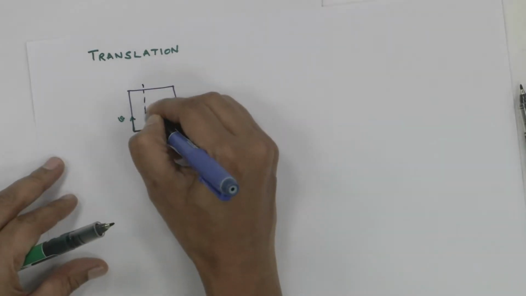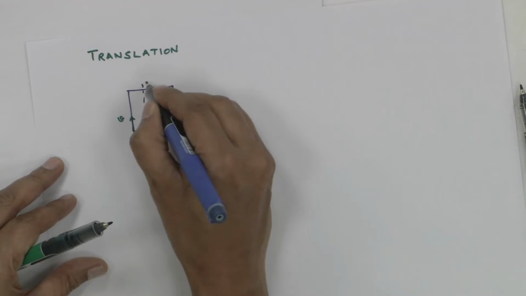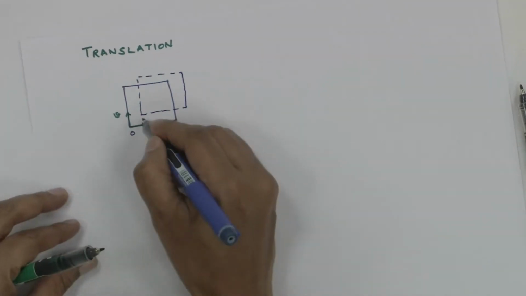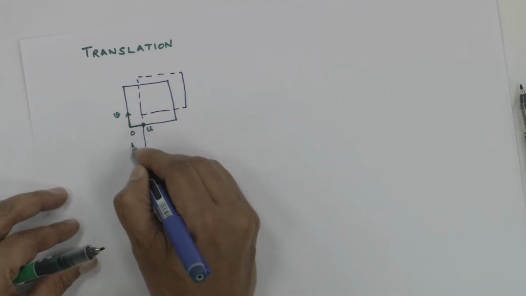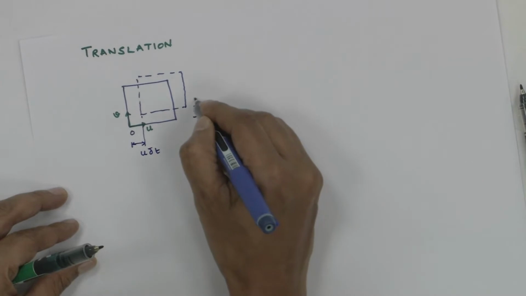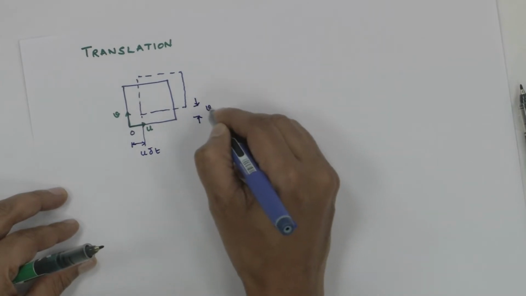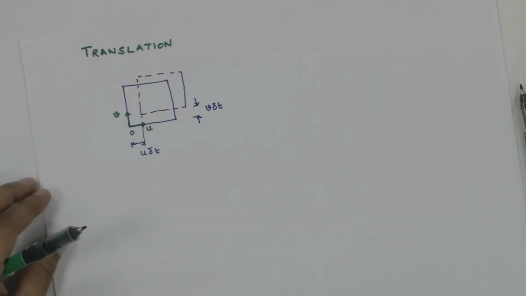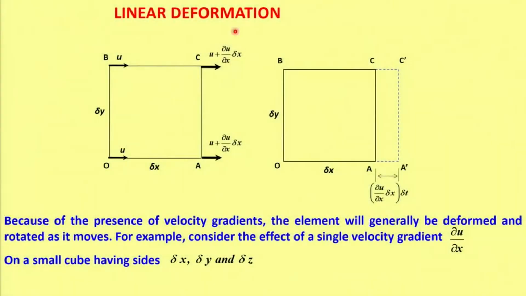Now it has moved to a new location after time delta t has elapsed. What is the distance it has covered in the x direction? It is u delta t. And what is the distance covered in the y direction? It is v delta t. This is simple translation. Now let us move on to linear deformation.